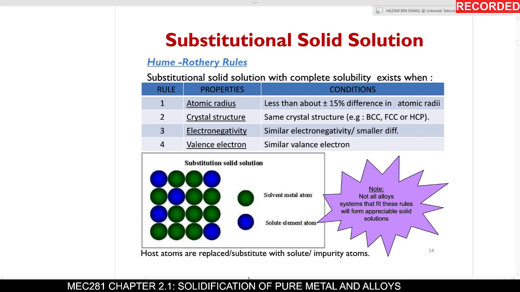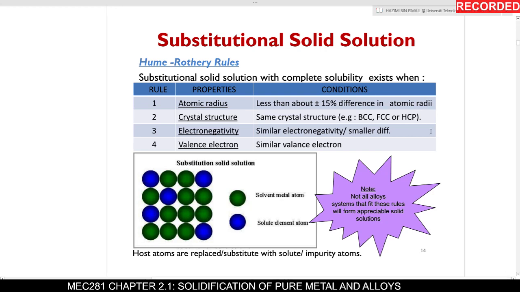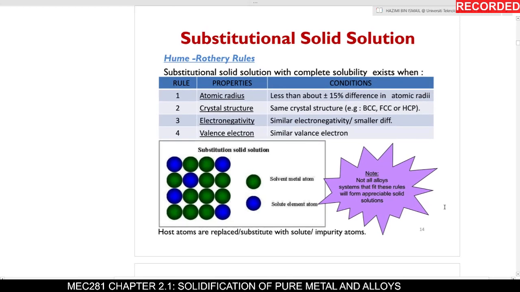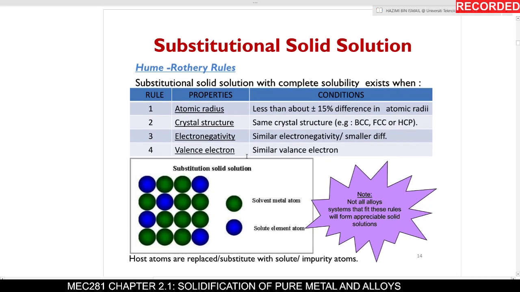This is an example that you can write in your notes. I know it is just a blank space in your notes, so you can copy from this slide into your notes. Next, crystal structure. The conditions must be the same, a similar type of crystal structure between the elements of the alloy.